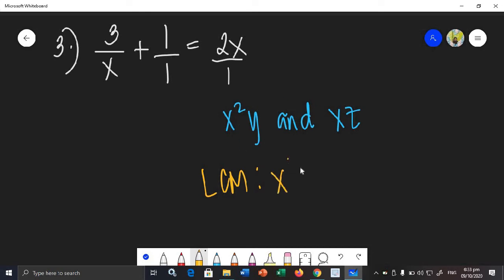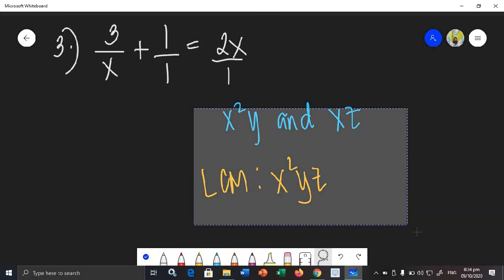So, LCM nga ay x squared. Ma'am, paano si y and si z? Paano namin kukunin yung LCM? No, you will just include that. Okay? Pagkasamahin niyo lang sila. Okay? Pag same ng base yung variable, you will look for the highest exponent. Pero kapag different variables, you can just combine them. And that will be the LCM.